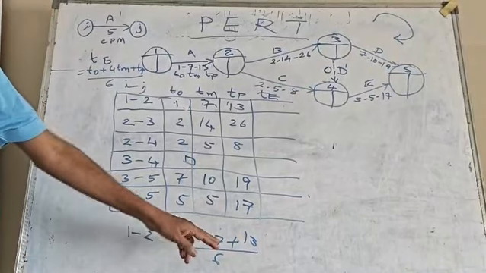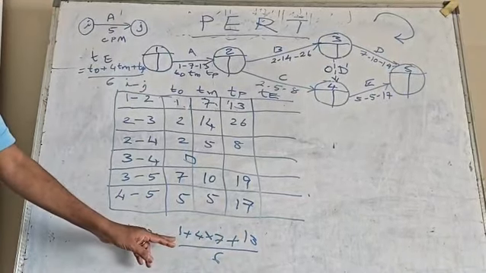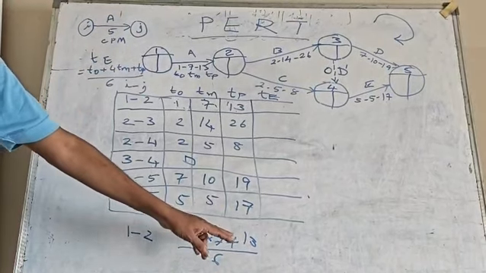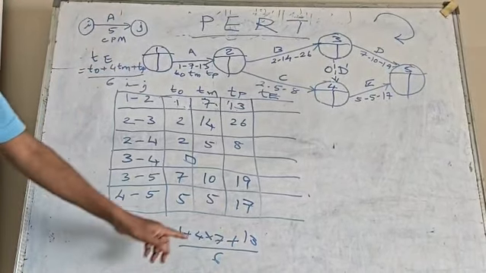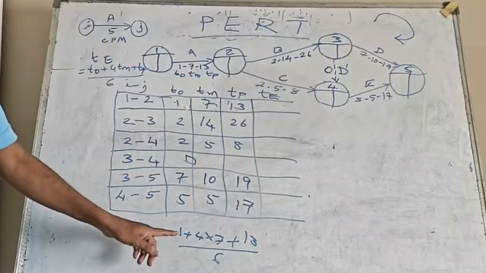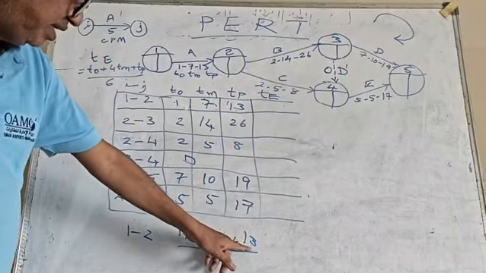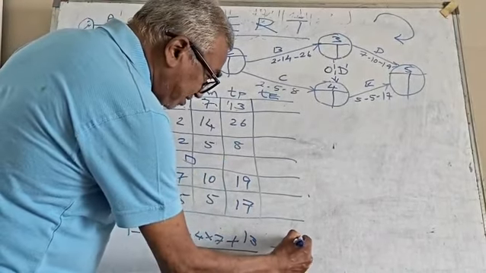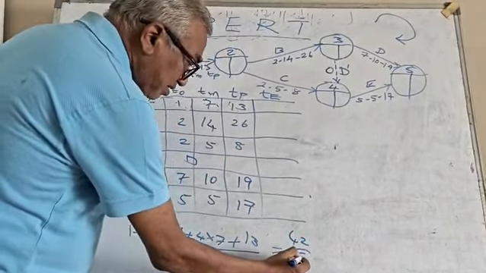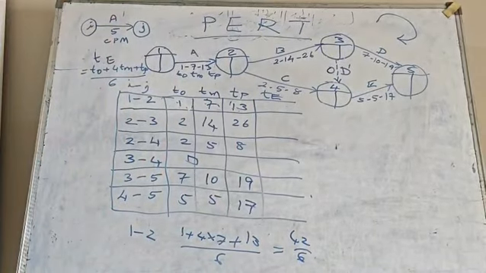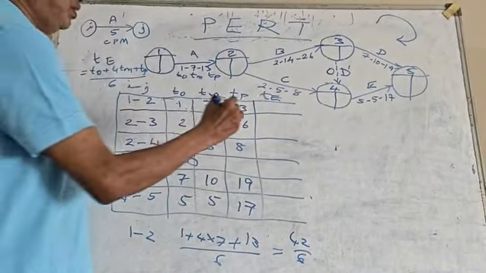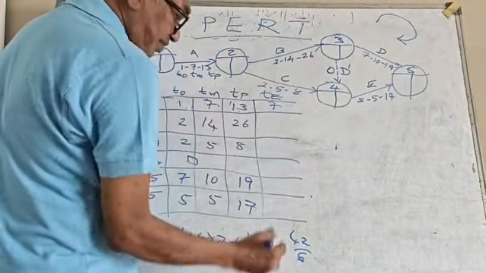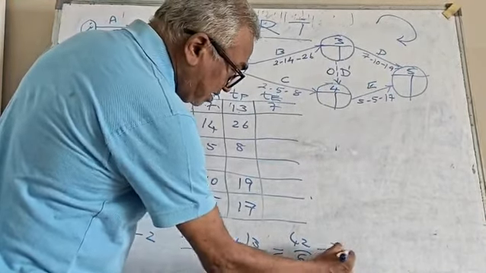How much is it? 4 into 7 is 28, 29, 42. So that is 42 by 6. 6 sevens are 42, so you get 7.